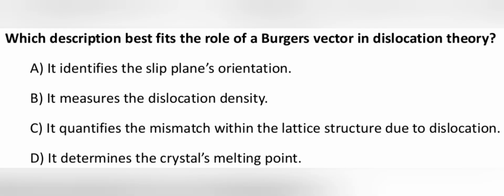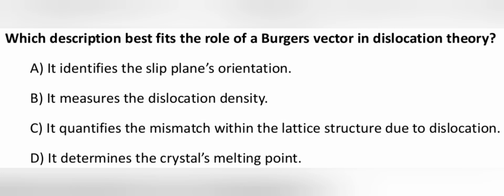Which description best fits the role of Burgers vector in dislocation theory? It identifies the slip plane's orientation, it measures the dislocation density, it quantifies a mismatch within the lattice structure due to dislocation, and it determines the crystal melting point. In the very first question, I already explained how a Burgers vector works. A final vector is needed in order to complete that Burgers circuit after distortion by inserting a plane.